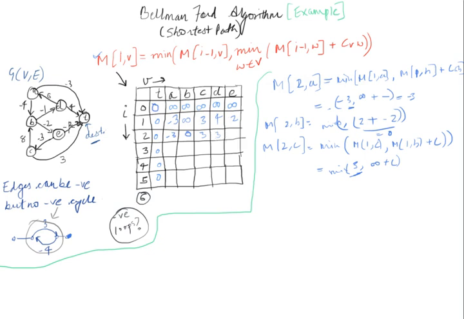Now E to D, this is one path and this is the other path: E to C and then 3 to D. I can calculate it using the above equation also.